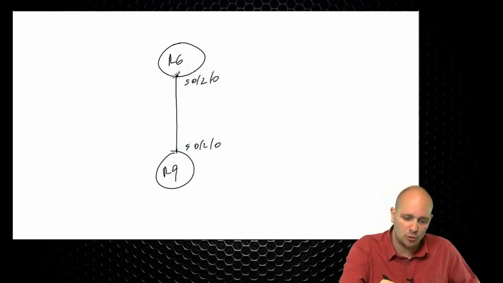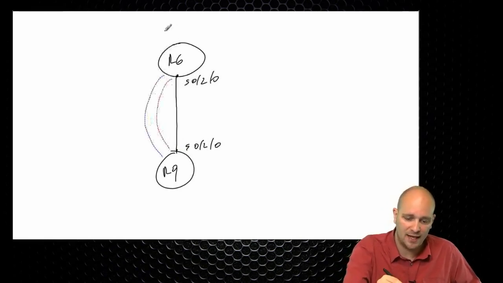So let's say that I wanted to have two logical connections between R6 and R9. I wanted to have a blue DLCI and a red DLCI.